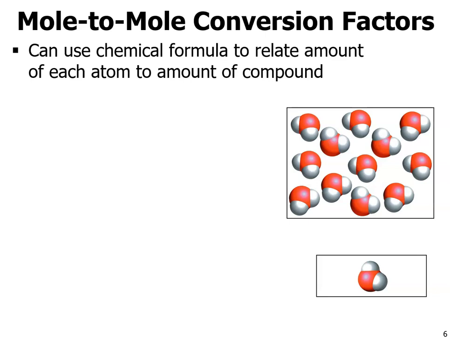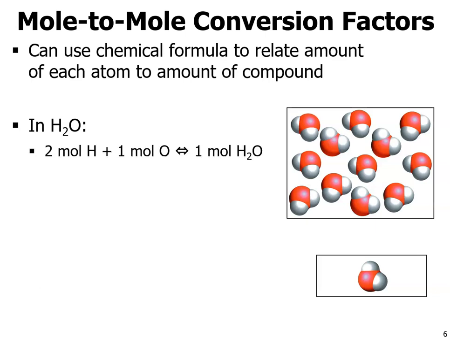or we can relate it to a mole group. So for example, let's look at the molecule of water. In the molecule of water, there are 2 hydrogens and 1 oxygen. We can also say, if we're looking at a chemical reaction, that we have 2 moles of hydrogen, and for every 2 moles of hydrogen, that would have to react with 1 mole of oxygen to create 1 mole of water.